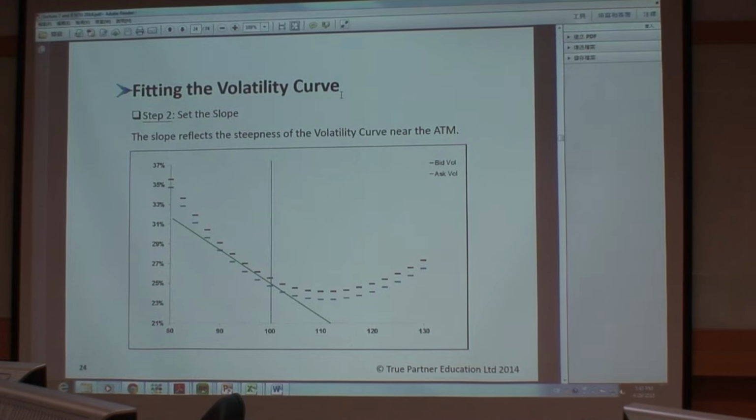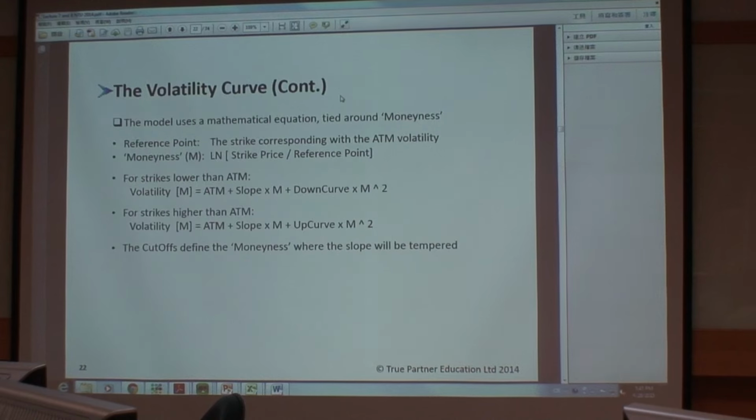If that's the case, how can I fix that? Well, if this is my formula, if I am exactly at the money, my moneyness is 0. So therefore, if my moneyness is 0, this whole part of the curve is 0. I just end up with my at the money volatility.